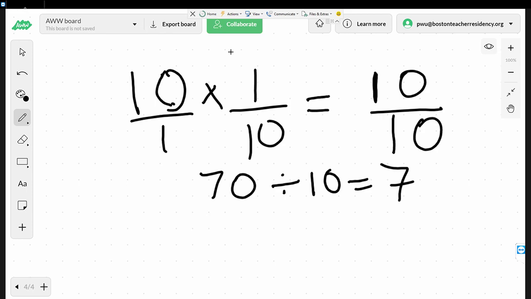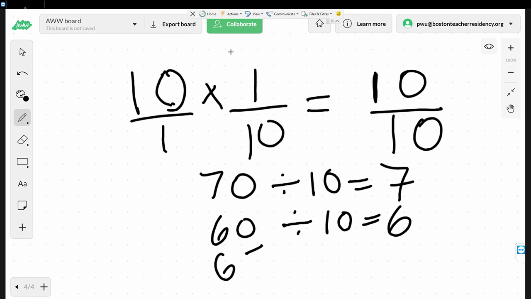What if we have 60 divided by 10? Well, that's going to be 6. 6 tens go into 60. And then what about numbers like 65? What happens when we divide those by 10?